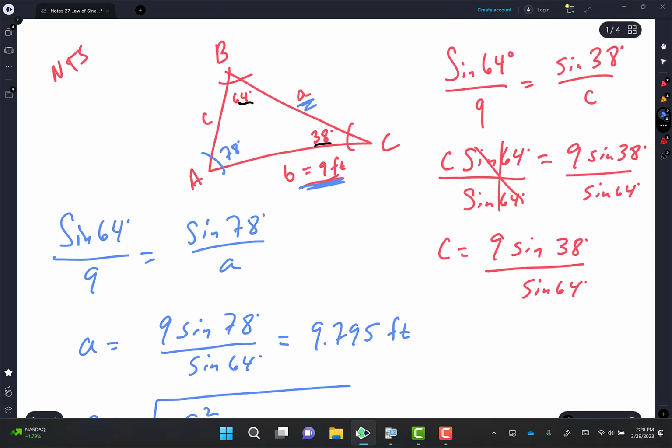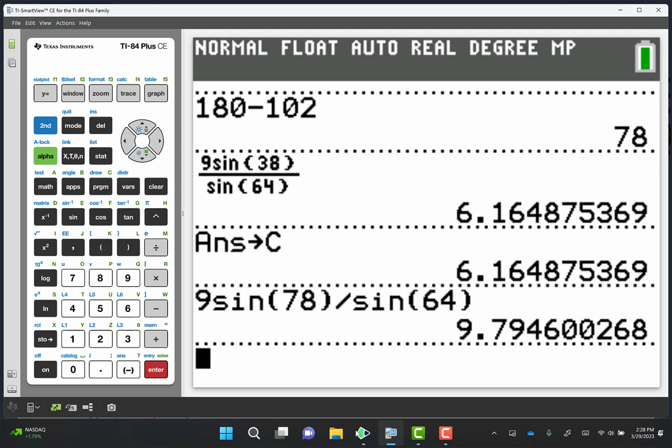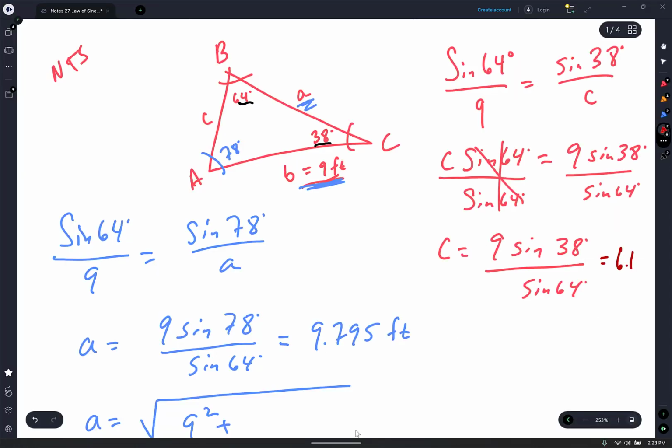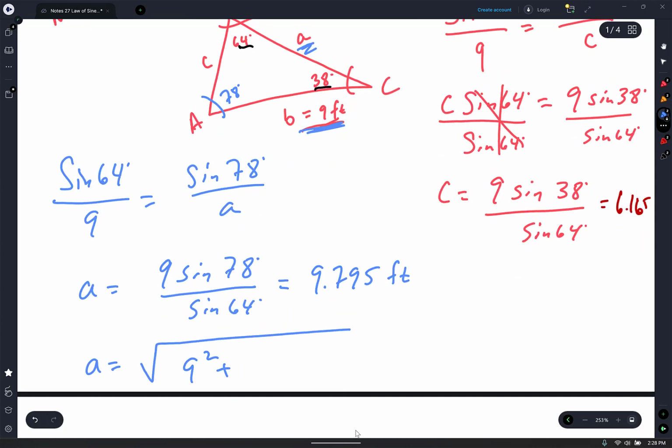Did I not put it in here? What was C, guys? Oh, there it is. No, I didn't write it down. 6.165. I can't believe I didn't write it down. Now, I stored it in my calculator as C. So I'm going to put little c squared minus 2 times 9 times little c cosine of 78 degrees.